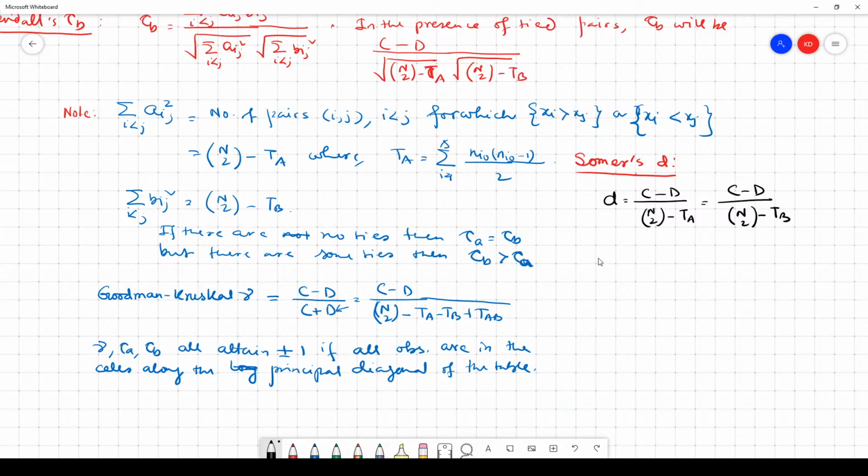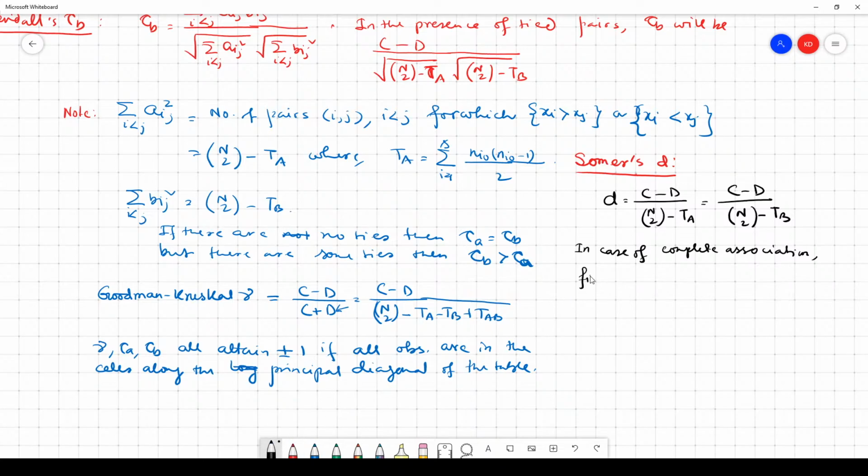In case of complete association, Fii equal to Fi0 equal to F0i, sorry, this should be Fii, a mistake.